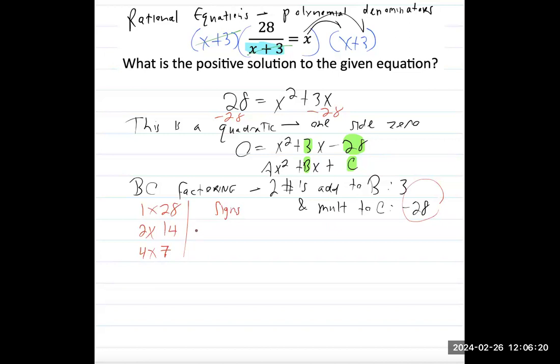If the two numbers we're looking for multiply to a negative, that means they have opposite signs, but they add to a positive, which means that out of those two opposite signs, the positive number is the bigger number.